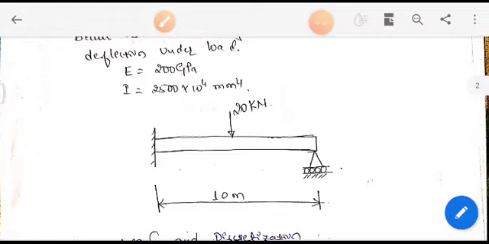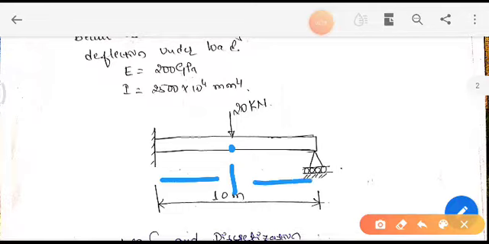Here if you see, the first step of solving a beam problem is modeling and discretization. As we earlier discussed, wherever there is a point load or any other load, there we need to create a node. Here in this problem there is a point load which is acting exactly at mid span, means 5 meter from the fixed point.